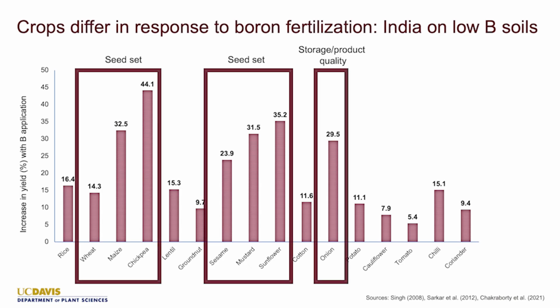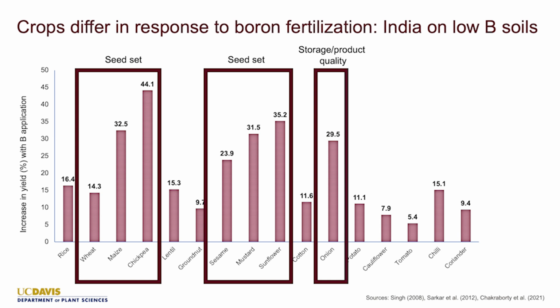You can see how variable they are, and I've circled a couple of them to highlight this. Contrasting chickpea with wheat or rice, you see chickpea is highly sensitive to boron deficiency. Sunflower is highly sensitive to boron deficiency. Onion is highly sensitive to boron deficiency.